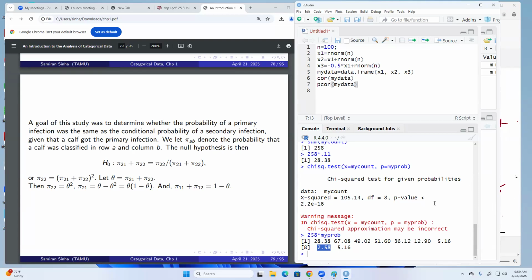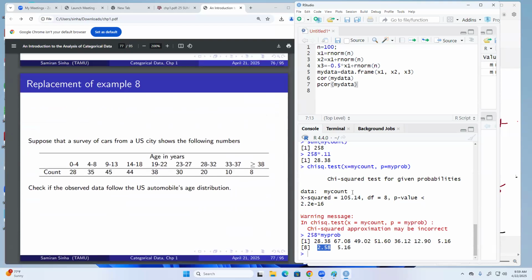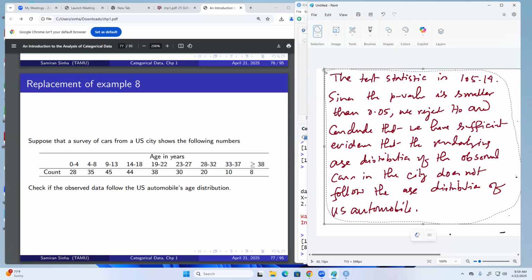One way to resolve this issue will be combining some of the categories. So what can we do? We can combine these two categories, age group 33 to 37 and greater than 38. So this is an important thing to note. What would happen to the corresponding probabilities?